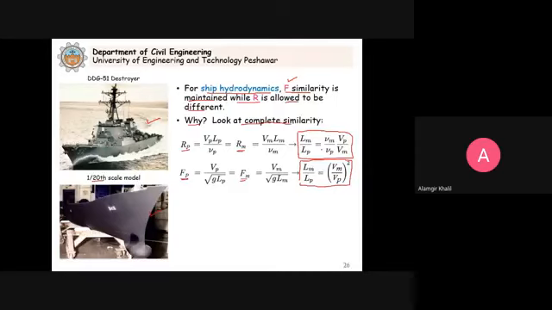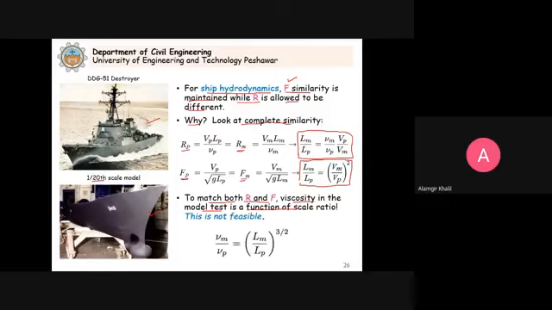Now when you compare the two, what do we get? To match both R and F, viscosity in the model test is a function of the scale ratio. You see, the viscosity ratio becomes a function of the length scale ratio. This is not feasible.